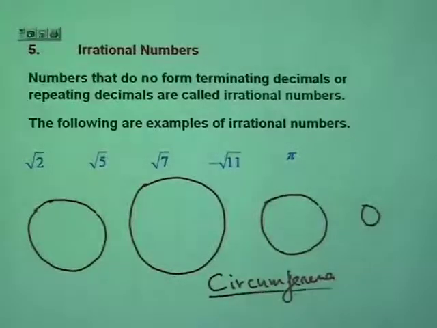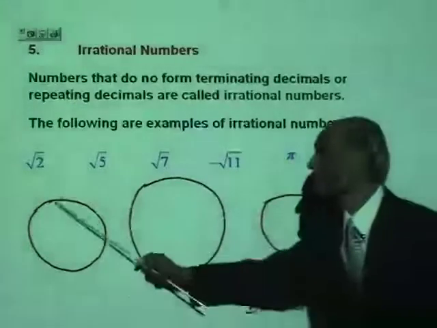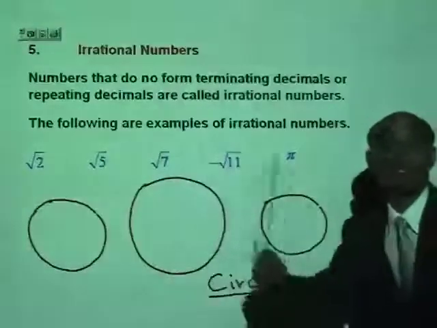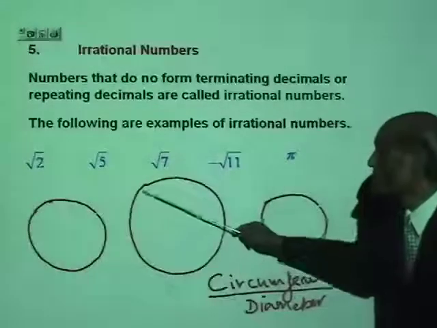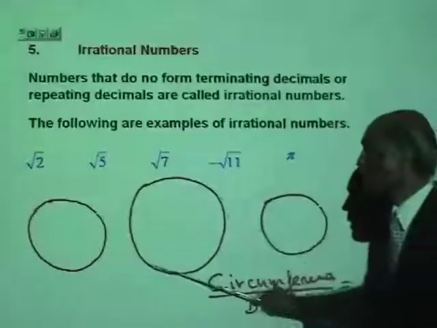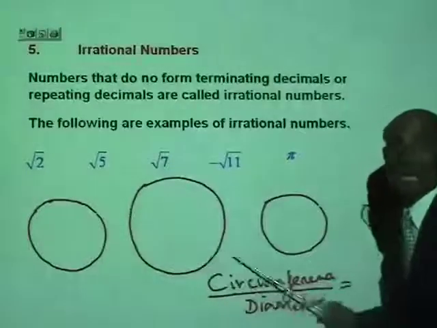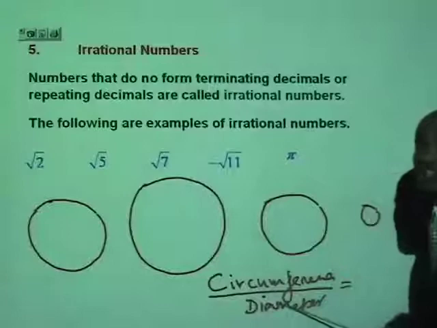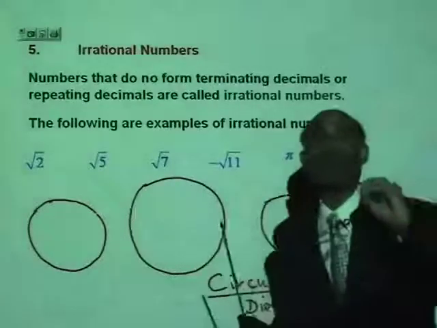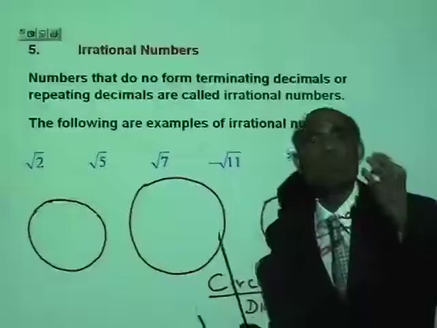If you divide that circumference by the diameter, you see, you draw any number of circles. You can draw thousands and thousands of different circles. You measure the circumference of each circle and divide it by its diameter, you will always end up with the same number.